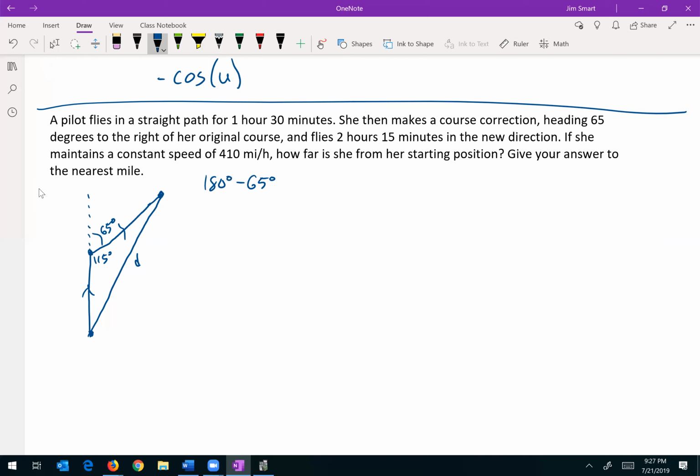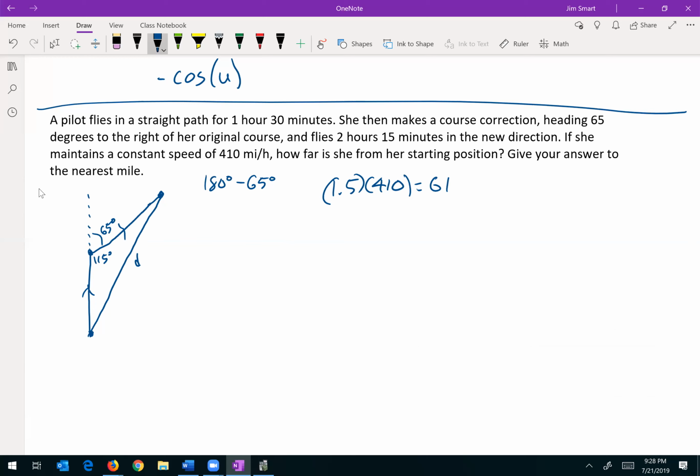Now there's two ways to find D. Basically you can use the times as the lengths for the sides. So I can do 1.5 for that length and 2.25 hours for the top length, and find D in terms of the time and then multiply. But I'll just go ahead and find the distances for each. So I'm going to do 1.5 times 410, which will be 410 and half of 410.